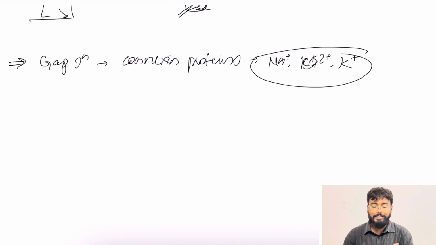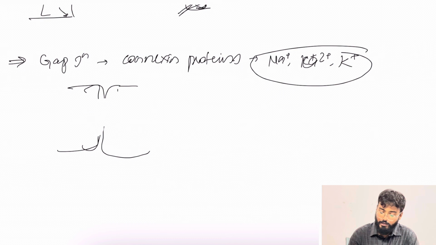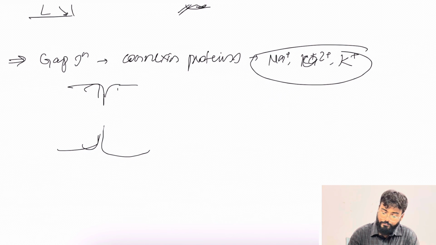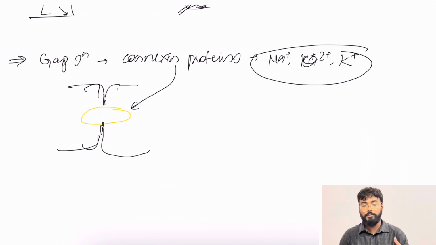So let's just say this is one cardiomyocyte, this is the adjacent cardiomyocyte, and here we have the connexin proteins, which are responsible for movement of those ions between two adjacent cardiomyocytes. As you know, in resting stage, the predominant cation inside the cardiomyocyte is potassium.